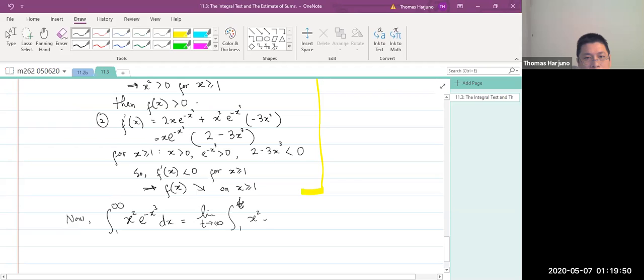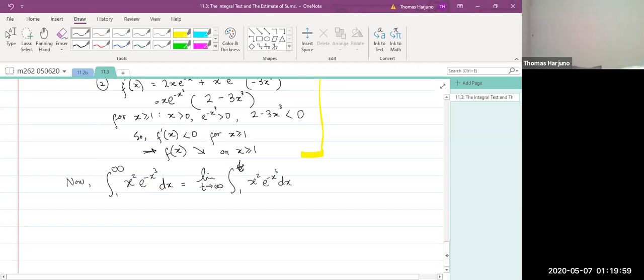Then how to integrate this? I will say u equals x cubed, so du is 3x squared dx.